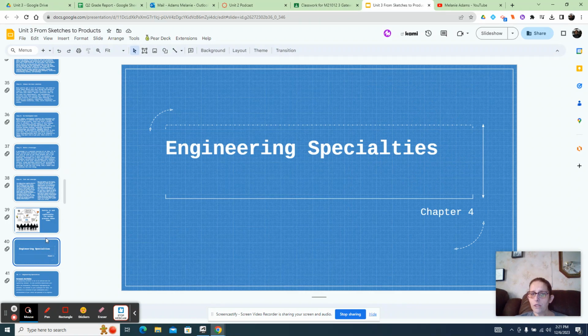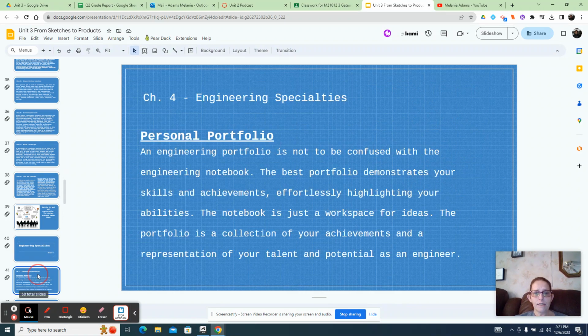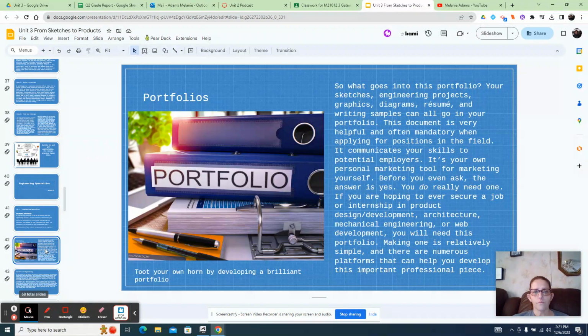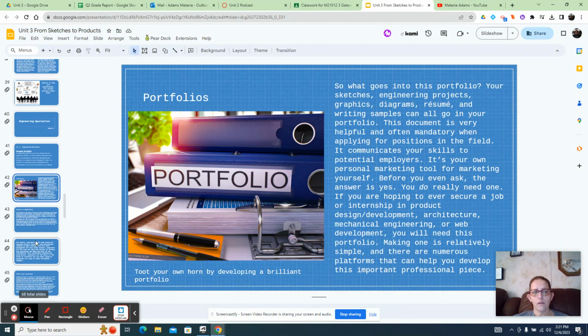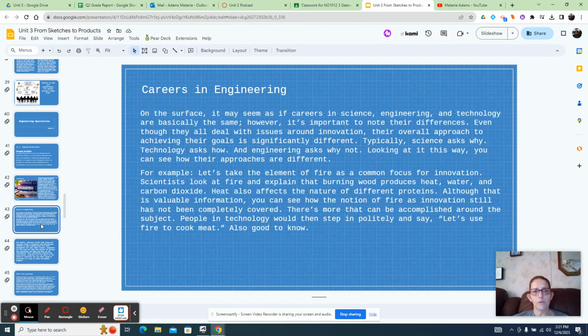Okay, so chapter 4 talks about engineering specialties. So your personal portfolio, most engineers have a portfolio of their skills, their achievements, and highlights their abilities. That way they can take it from job to job and show off what they're able to do. So this is tooting your own horn by showing off what you're able to do.